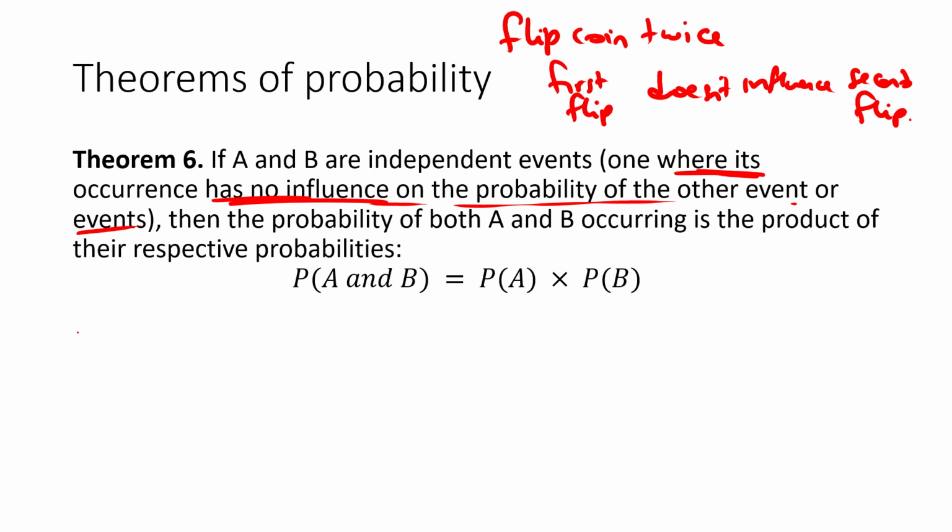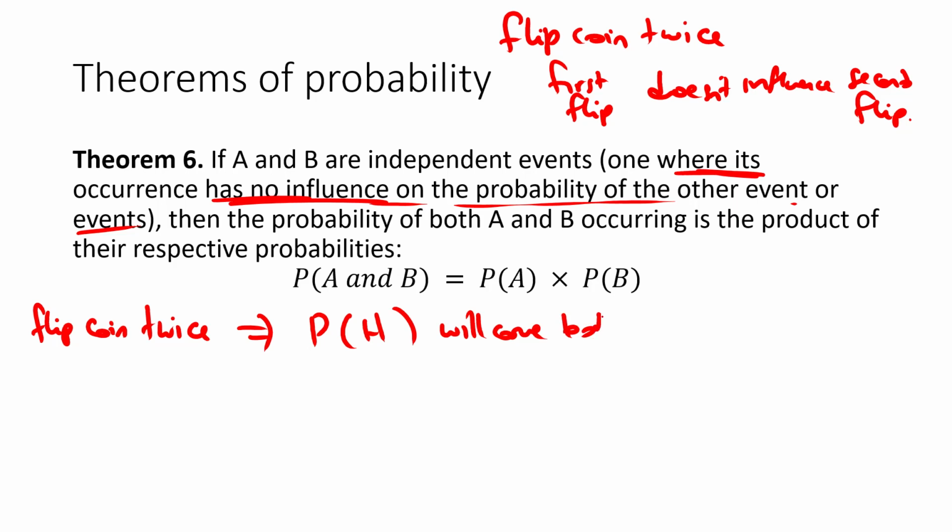Okay, so let me give you one example. Say that I flip a coin twice. What is the probability that head will come in both flips? So how many outcomes do I have?